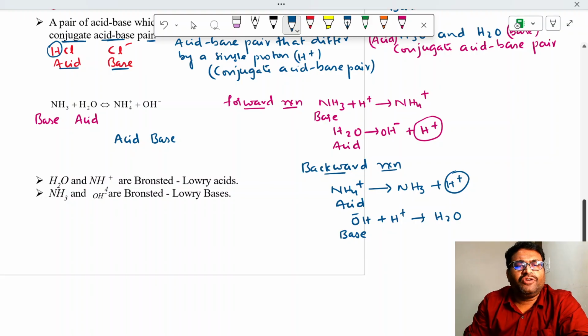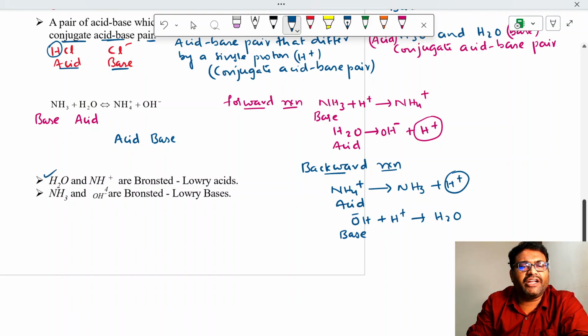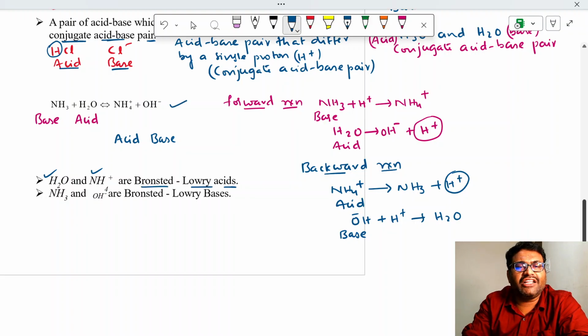Okay. So what are acids here? H2O is acid and NH4 plus is acid. See, H2O and NH4 plus are Bronsted-Lowry acids in this reaction. Whereas which are bases? NH3 is base and OH minus is base. So NH3 and OH minus are Bronsted-Lowry bases.